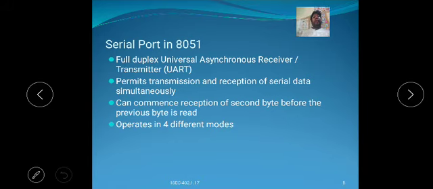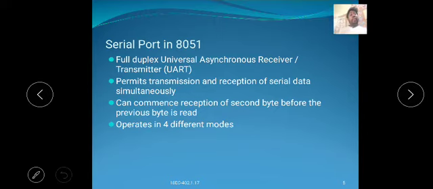Serial port in the 8051 microcontroller.